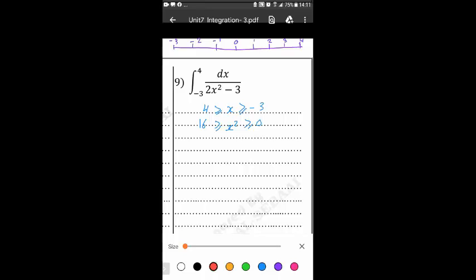Square each one. It is 9, 4, 1, 0, 1, 4, 9, and 16. So that's right, it's between 16, which is the biggest, and 0 is the lowest. So I can continue, and everything will be easy. You can complete it.